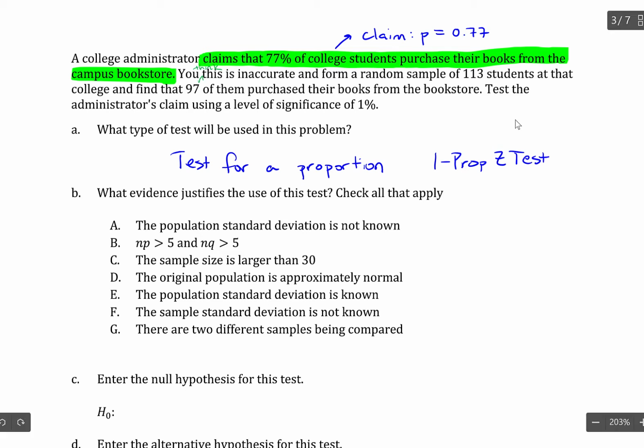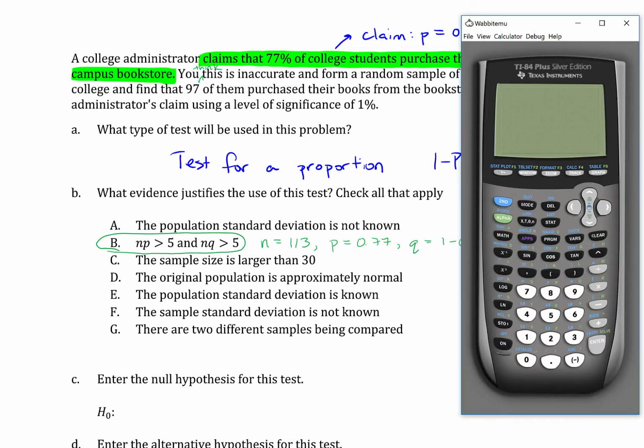And we can use that so long as n times p and n times q are greater than 5. n is the number of items in the sample, so n would be 113. p is the value from the null hypothesis, 0.77. q is 1 minus that, so 1 minus 0.77, which is 0.23.